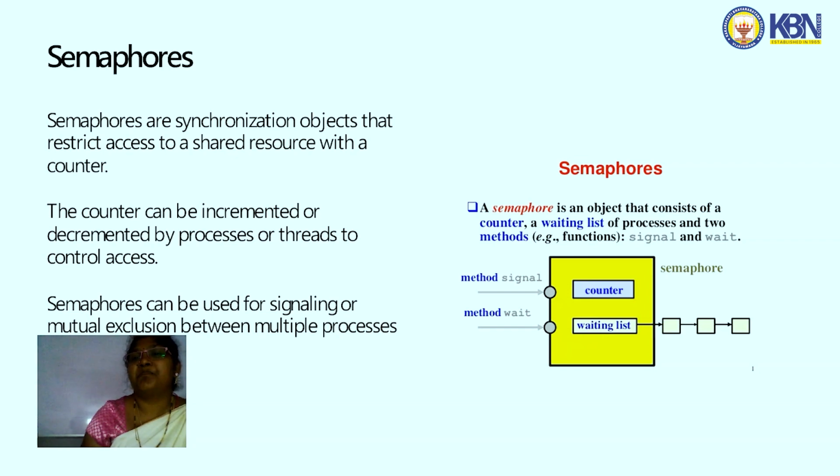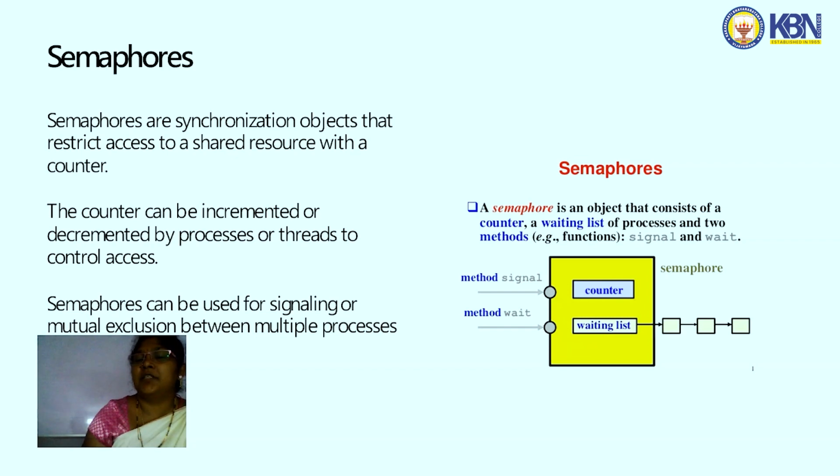See in the picture, a semaphore is an object that consists of a counter, a wait list of processes, and two methods, which we call functions: signal and wait. See what happens in the wait and the signal. The method of signal works on the counter, and the method of wait works on the waiting list.